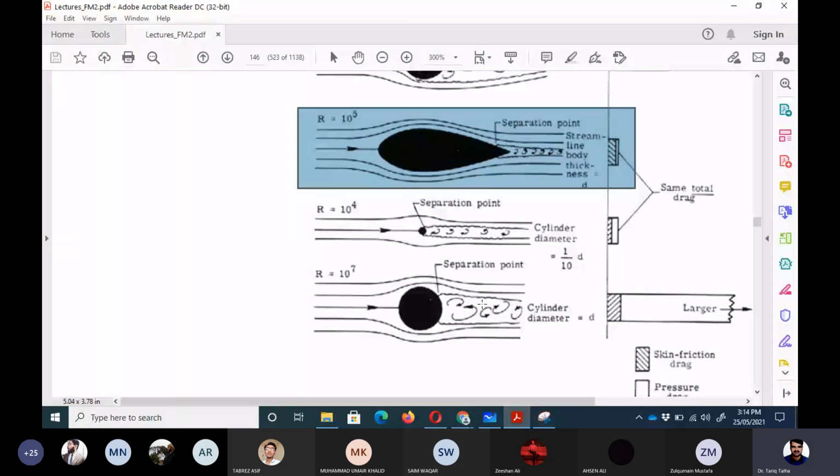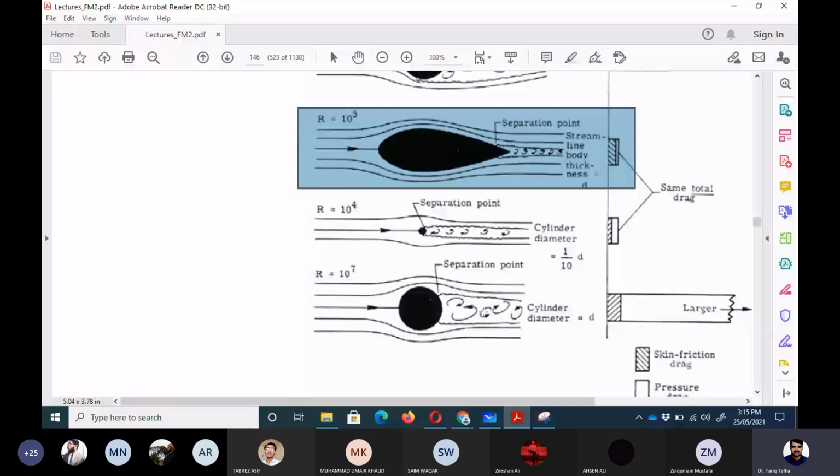And when there is lower drag force on the body, it means that we would require less fuel for that vehicle or that aeroplane to move in air. So that is the major design constraint: how to make that wake region, which is the region behind the body where the flow separation occurs, less and less.